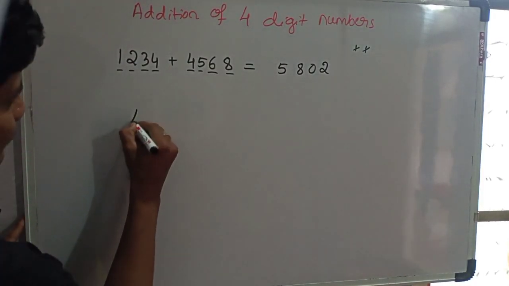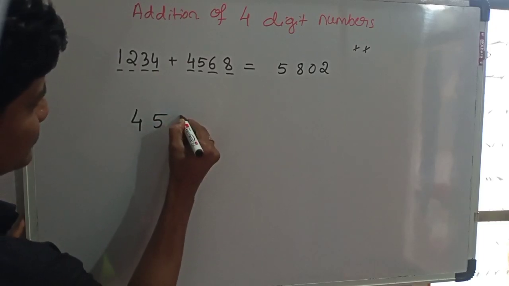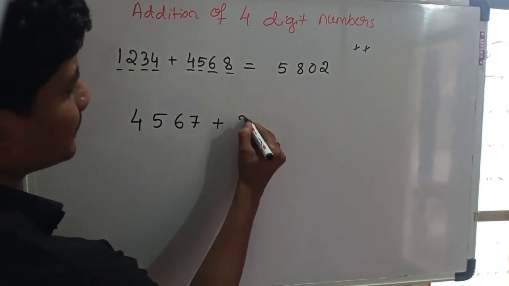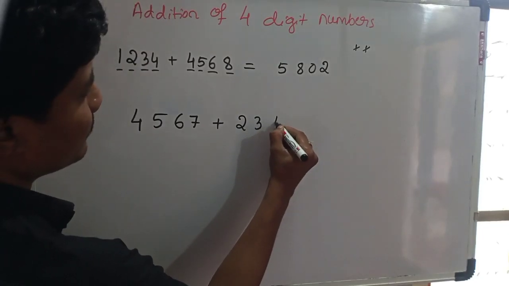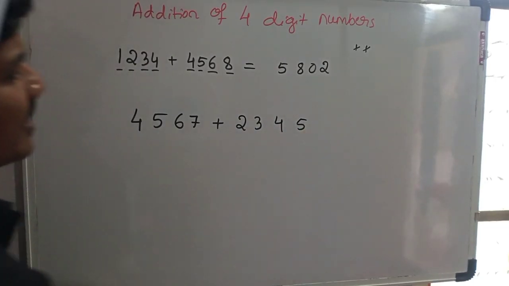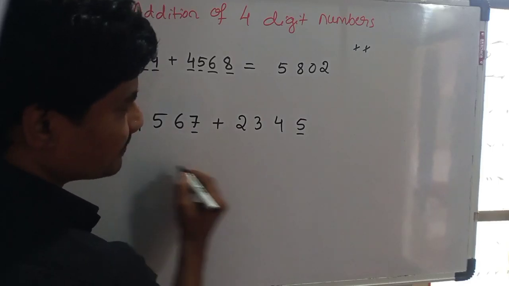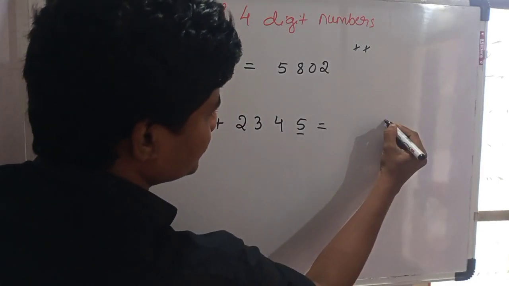Let's take the next 4-digit numbers. 4567 plus 2345. These are the 4-digit numbers. 5 plus 7, that is 12.